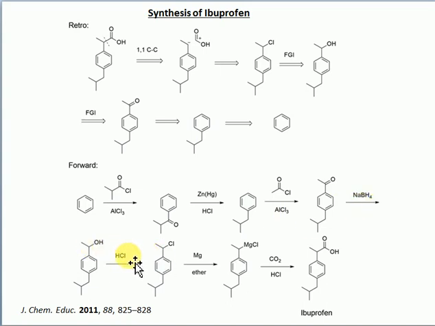The alcohol is converted to alkyl chloride by treating with HCl. Then the alkyl chloride is converted to the Grignard reagent using magnesium and ether, and then the Grignard reagent is treated with carbon dioxide followed by acidification to give the ibuprofen.